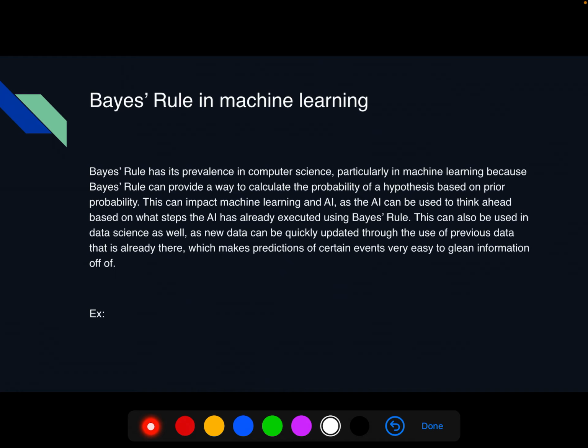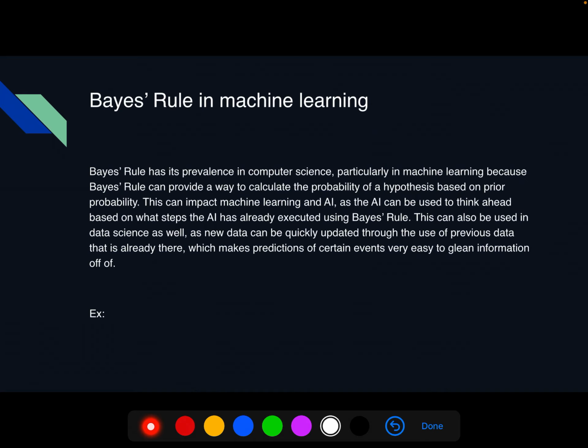This can impact machine learning and AI, as the AI can be used to think ahead based on what steps the AI has already executed using Bayes' rule. This can also be used in data science, as new data can be quickly updated through the use of previous data that's already there, which makes predictions of certain events very easy to glean off of.